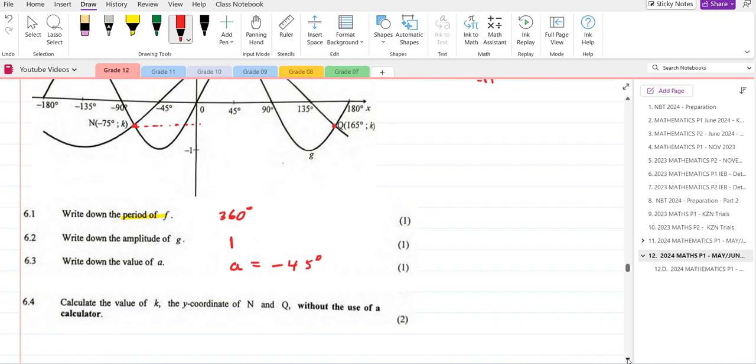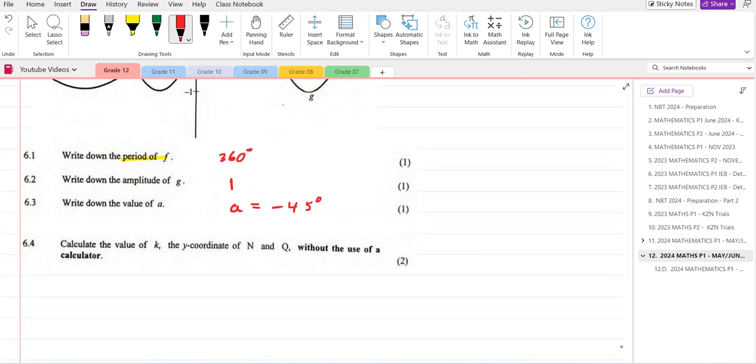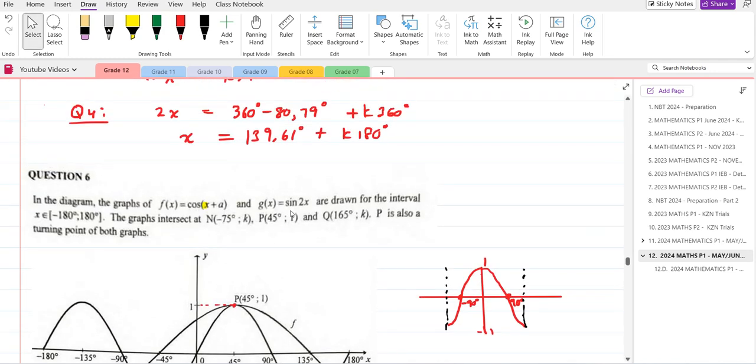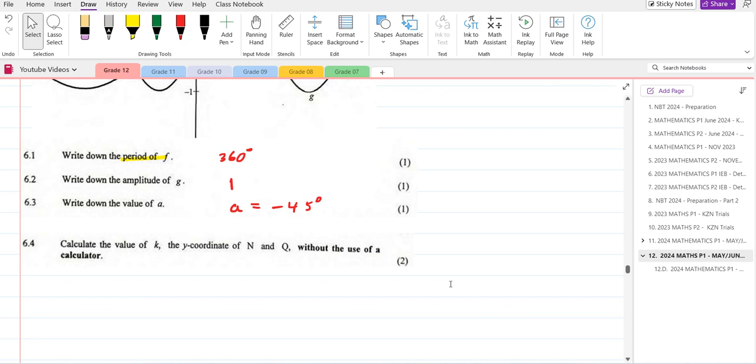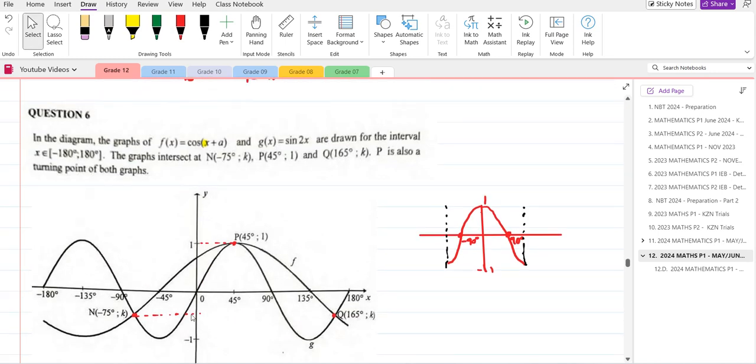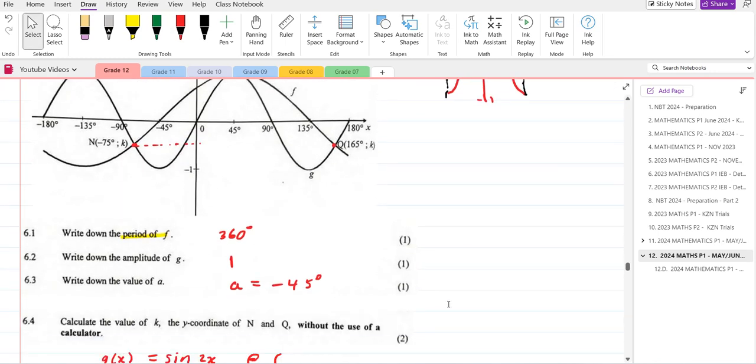So what we can do is, remember, f of x is equal to g of x at that point. So we can say g of x equals sine 2x at one of the points, either N or Q. Let's take point Q because that's a positive point.